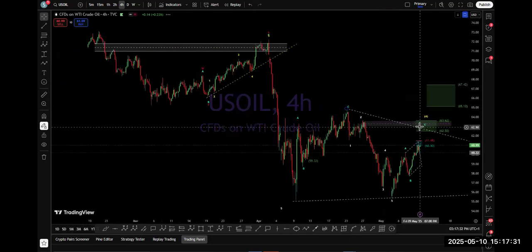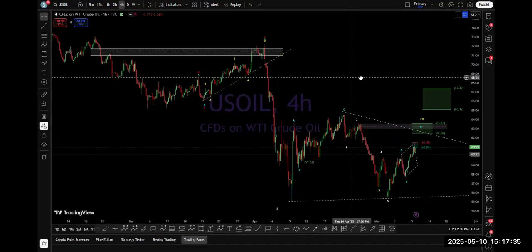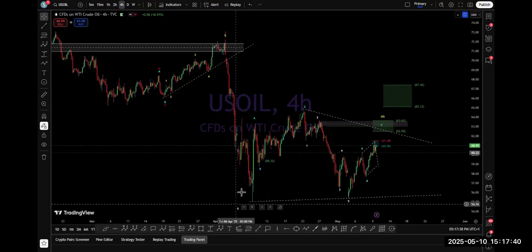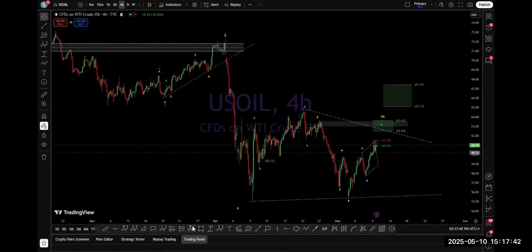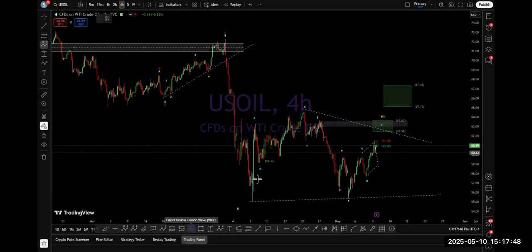Secondly, there is a possibility that oil is making WXY. In that case, oil will go much higher than we expect. Let me label it WXY.